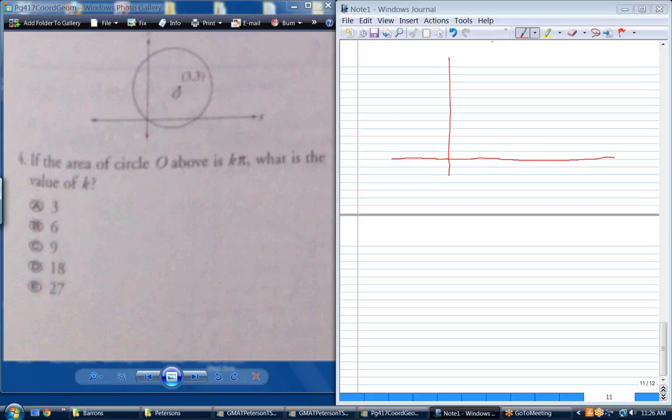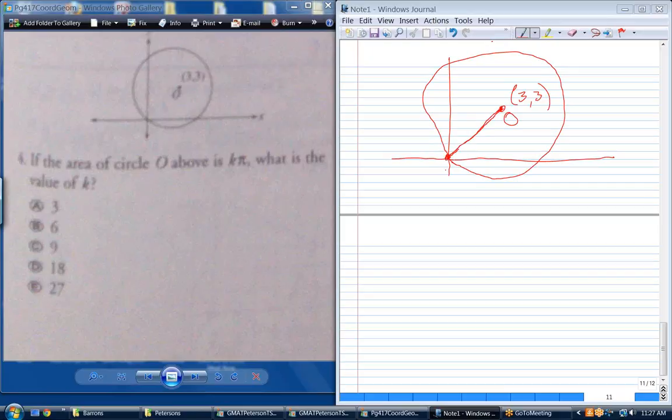I would say that radius is really hard to see. But is O the middle? Yes. So how do we get the radius? What's the distance?